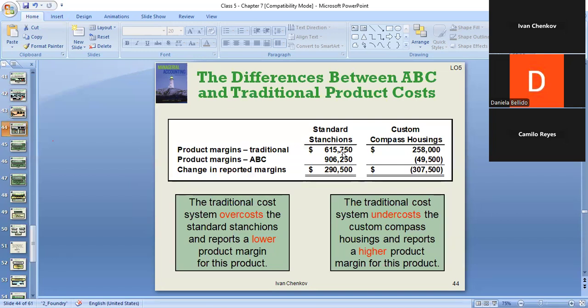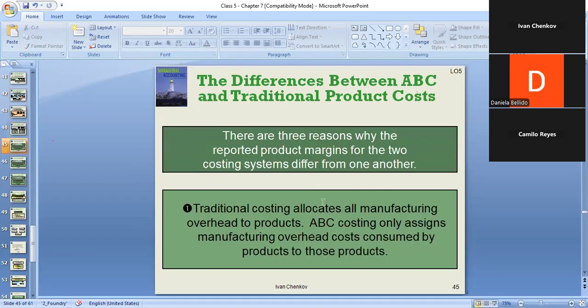It puts more cost in the standard sanction and gives a lower product margin, whereas on the custom compass, it puts less cost. Why? Because we're using an allocation base which is not entirely accurate. Our allocation base, as you remember, was machine hours only, but that doesn't show the entire picture because it's not based on the activity. So, what are the differences between activity-based costing and traditional?